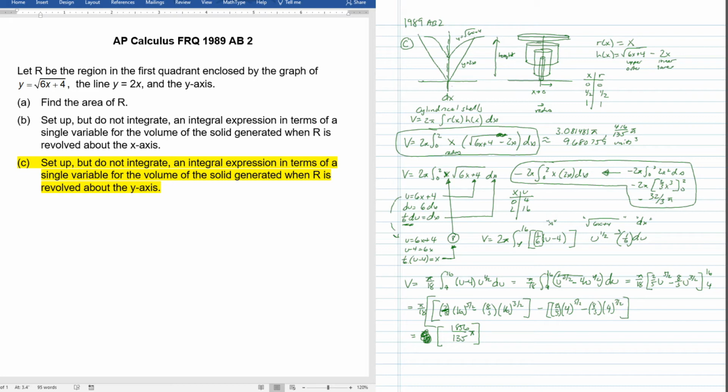And I believe I still have to do this piece over here. Now I'm not exactly trusting myself. Let's try this out. 2/5 times 4 raised to the 5/2 minus 8/3 times 4 raised to the 3/2.